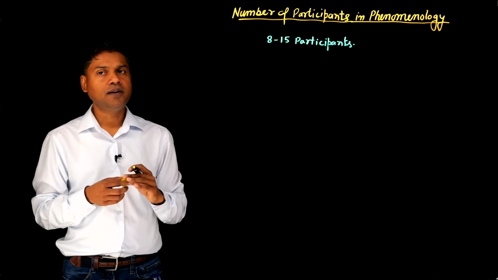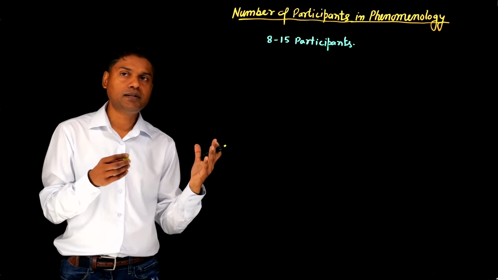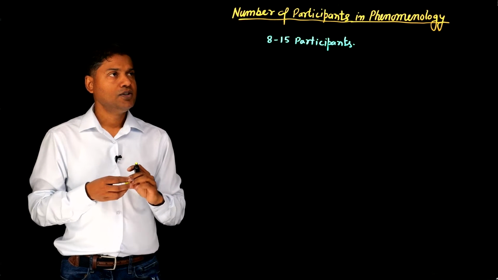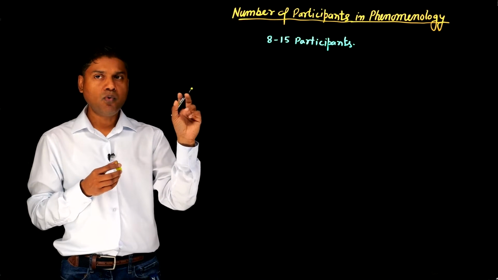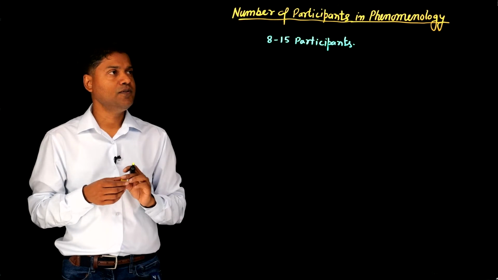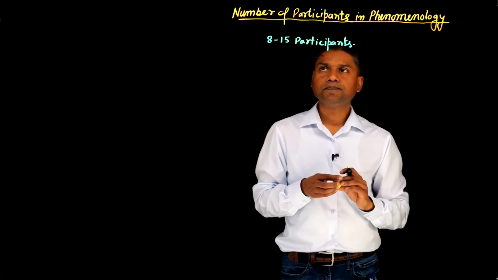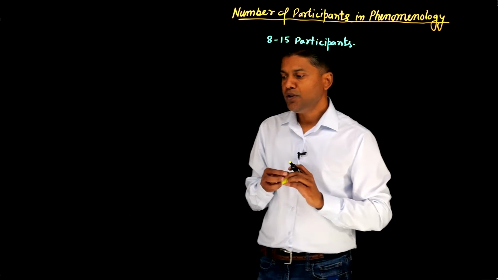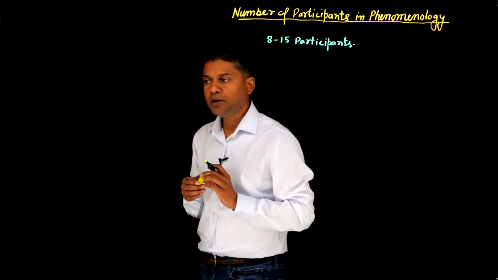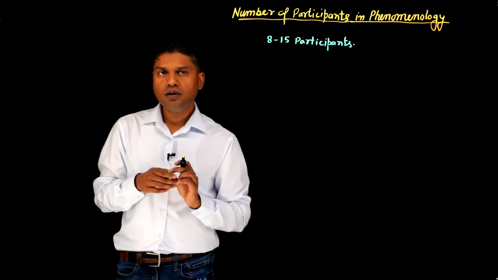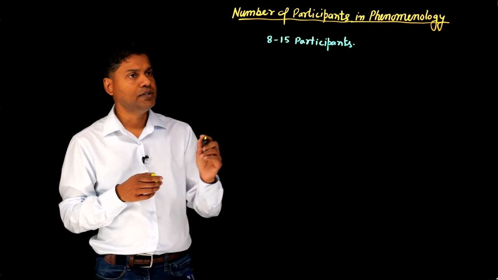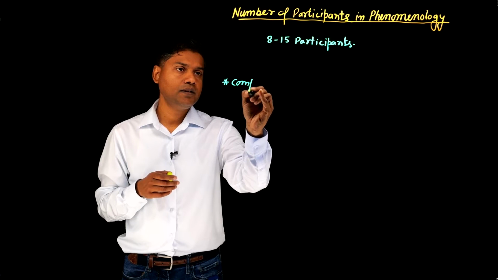In some studies there are 8 participants, some studies 10, 12, 15. But more or less, the number varies between 8 to 15 participants in various phenomenological traditions. So when you decide the number of participants, it depends on a key variable, which is the complexity of the phenomenon.